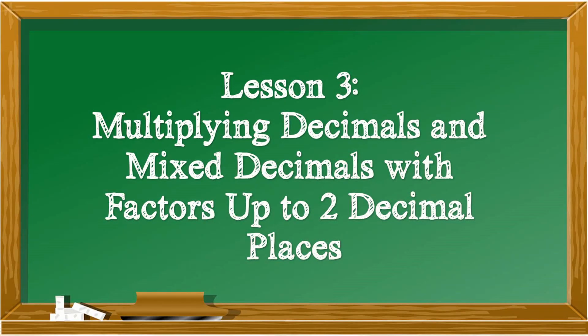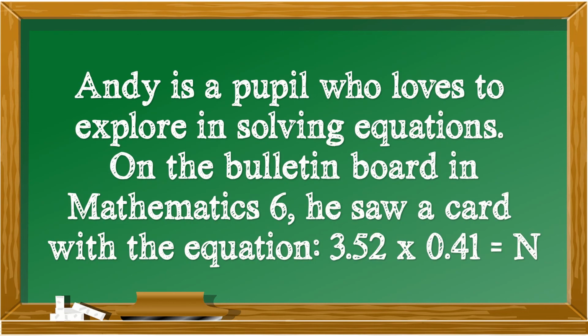Okay, lesson 3, multiplying decimals and mixed decimals with factors up to 2 decimal places. So Andy is a pupil who loves to explore in solving equations on the bulletin board in Mathematics 6.